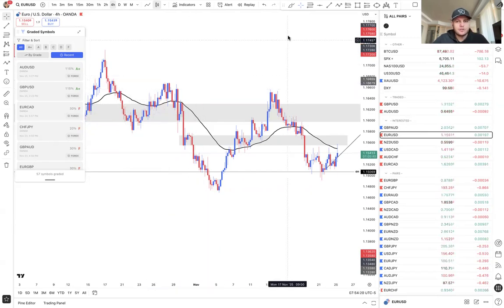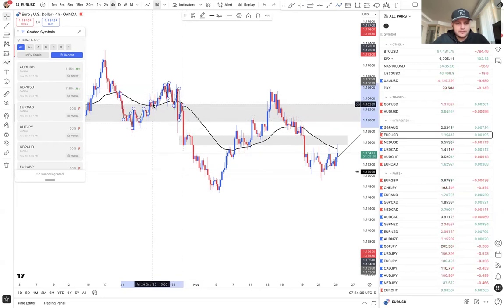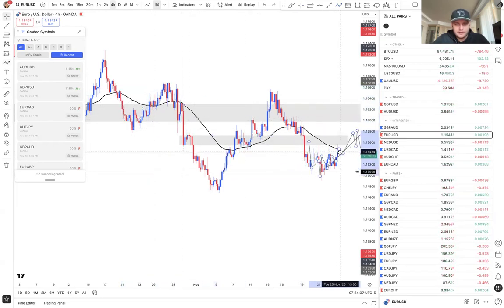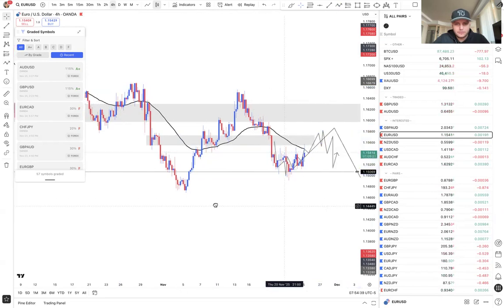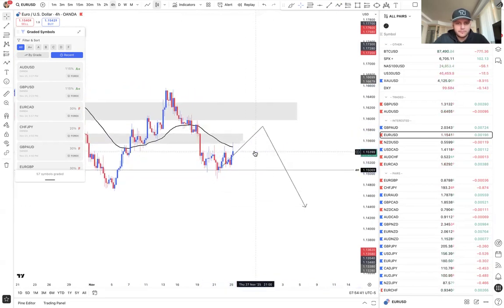And here's that structure again. You have your inverted head and shoulders, and then price slowly starts to create that daily pullback. And then eventually you get your shift underneath the EMA, and then price sells. So this is very similar to what might happen here.